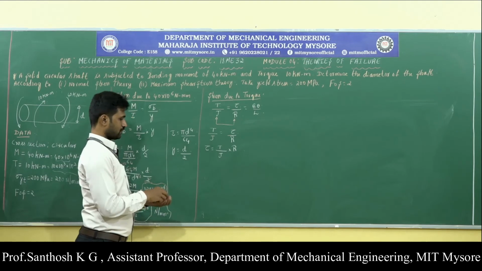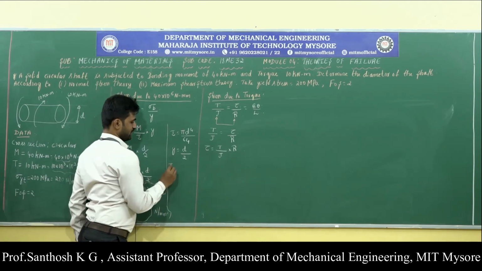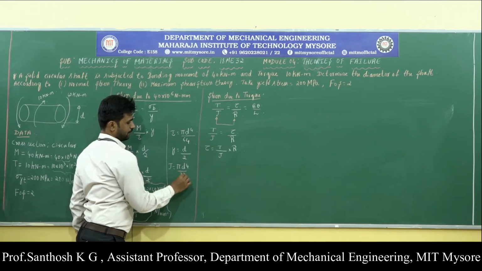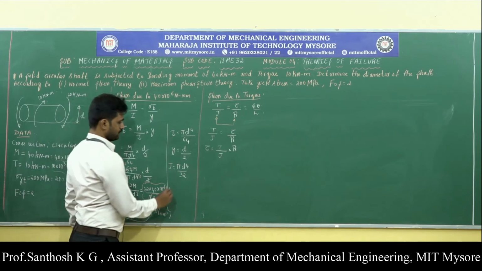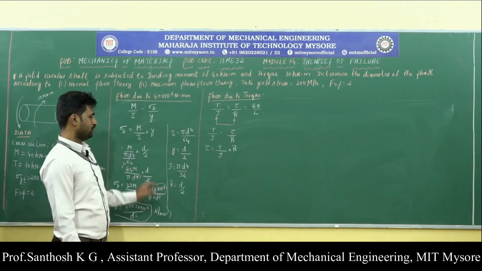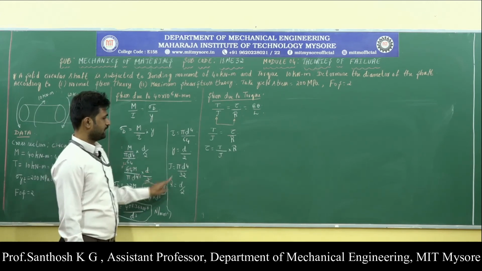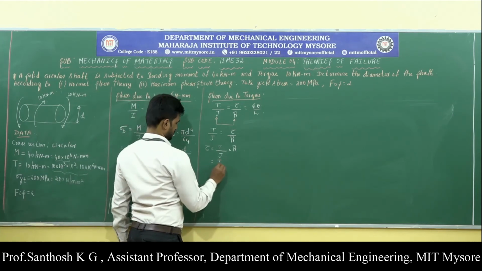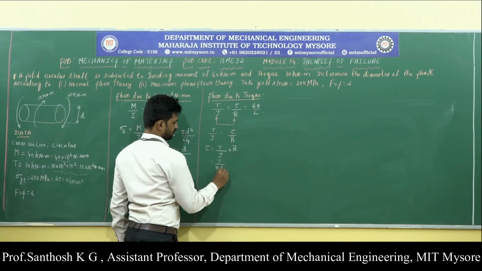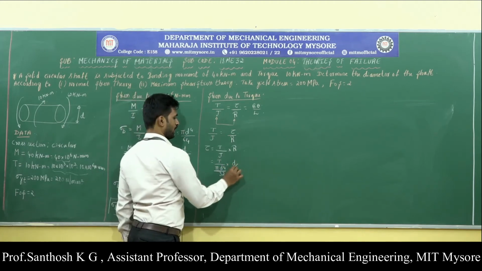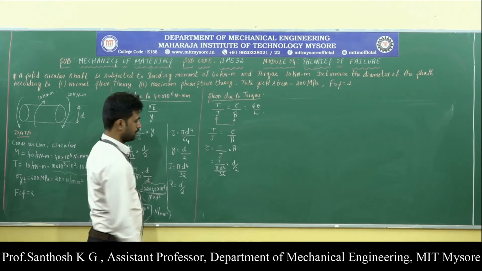For the circular cross section, the value of J is pi into d to the power of 4 divided by 32, and the value of R in terms of diameter is d divided by 2. So, by substituting the value of J and R in this equation, I get T divided by, in place of J, pi divided by 32 into d to the power of 4, into the value of R, which is d divided by 2.